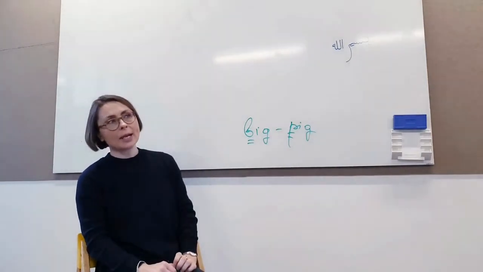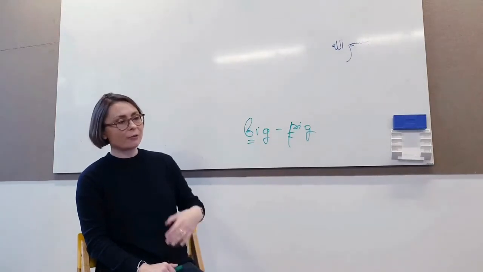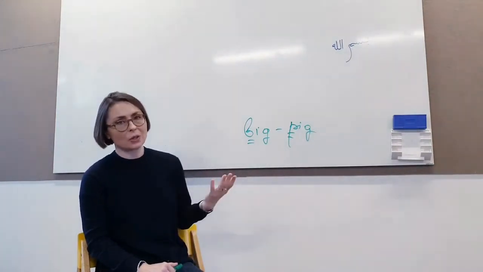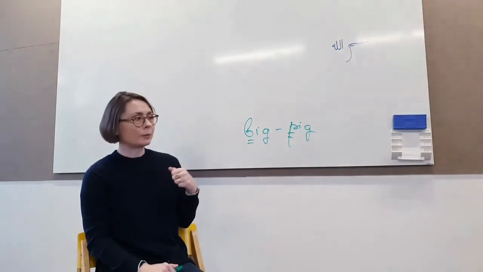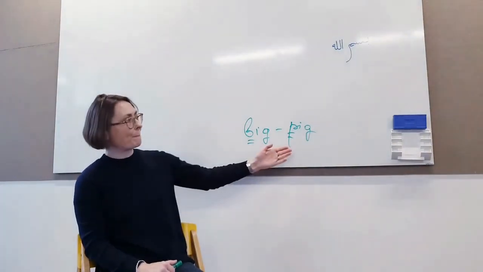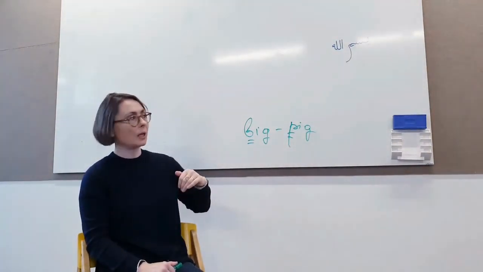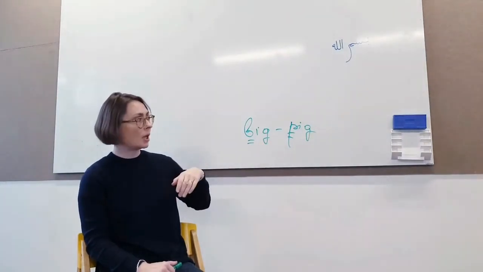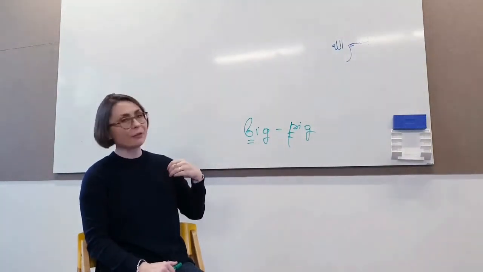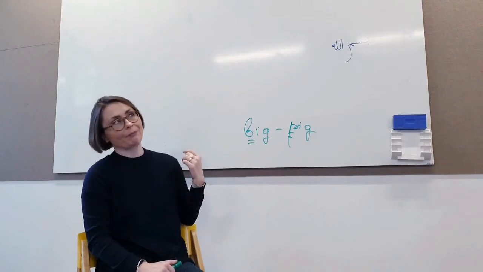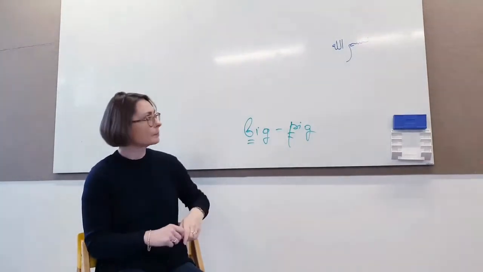Allophones, on the other hand, are, so to speak, physical realizations of a phoneme. We can say that a phoneme p, the English phoneme p, can have different allophonic manifestations.